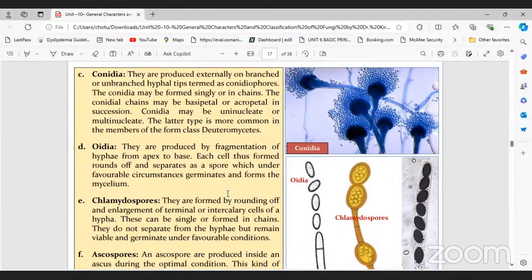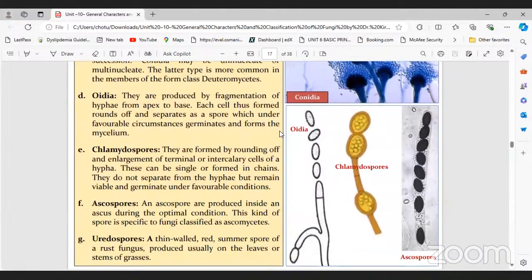The exogenous arthrospore separates by splitting of the transverse septa. You can observe in the picture, this is an oidium. In endogenous formation of arthrospores, transverse septa are laid down as in the exogenous arthrospore, and neighboring or alternate cells develop a thin wall.